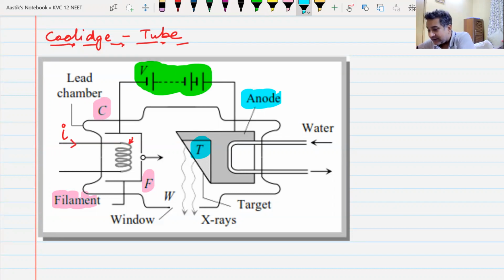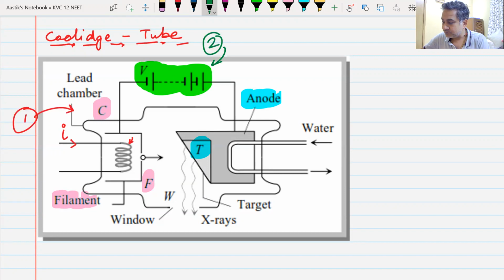Why have I mentioned these three elements? Because these are the three things that you require to produce X-rays. This is number one, this is number two, and this is number three.